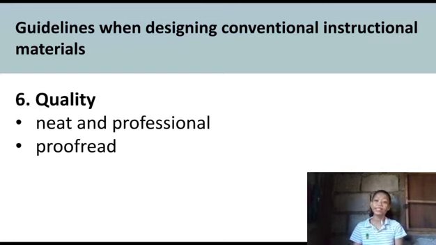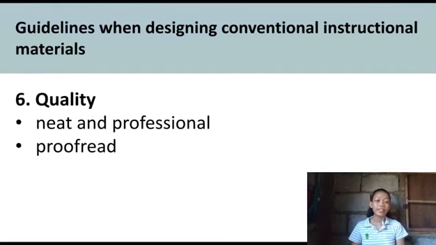Let's have the last in the guidelines, quality. So this talks about the content and the design of your instructional materials. It has to be neat and professionally presented. So how do we achieve professional presentation of the topic in your instructional materials?